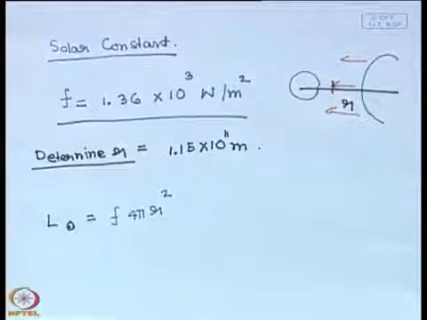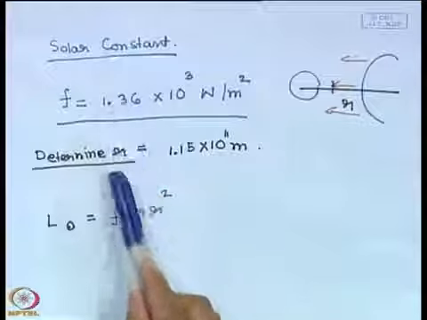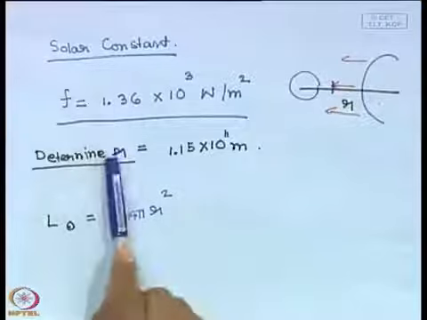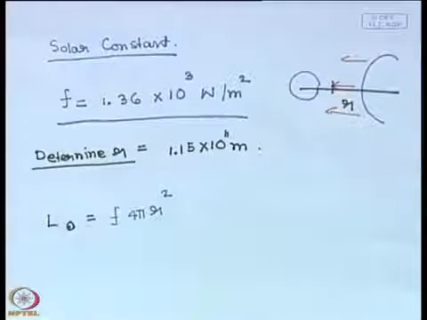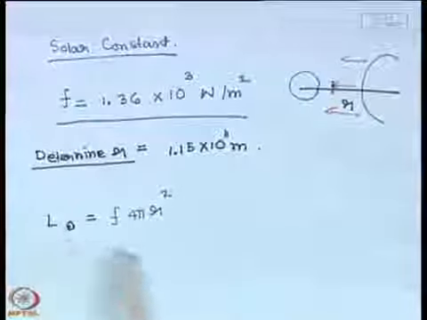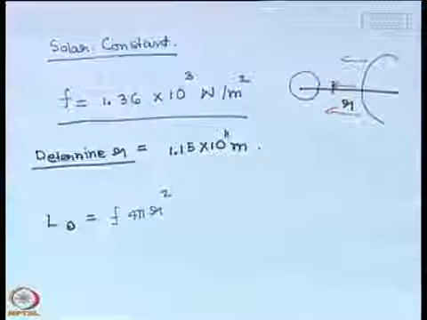This is directly measurable, and this can be determined from a variety of observations. Once you know these two things, you can determine the total radiation that comes out from the sun.